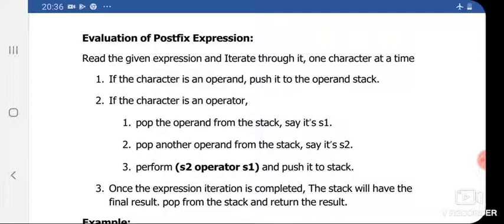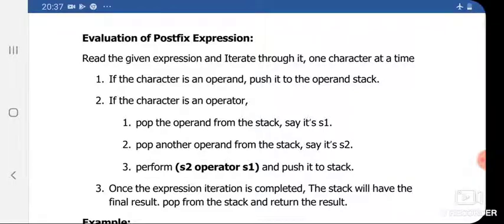In this lecture, I would like to discuss another application of stack, which is evaluation of expressions. That is, stack can be used for evaluation of postfix expression as well as for evaluation of prefix expression. So let us discuss these algorithms one by one.